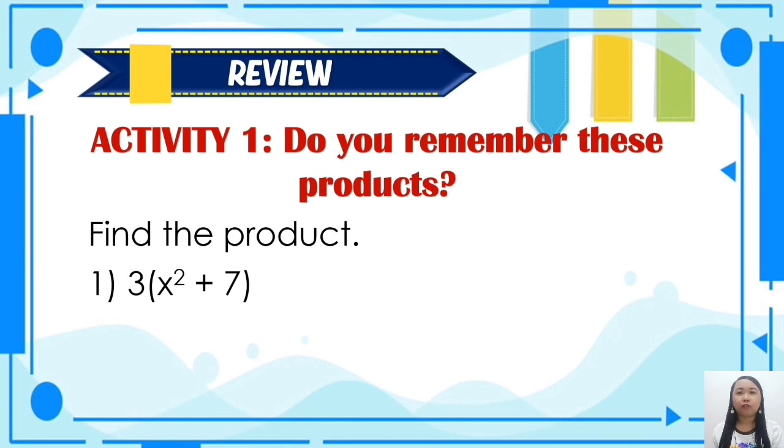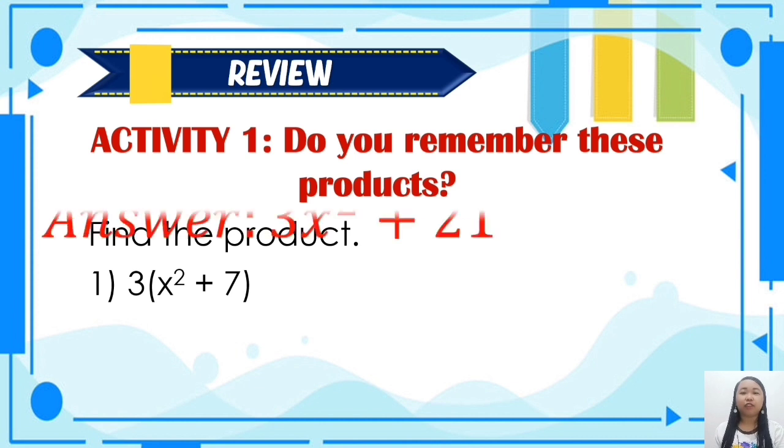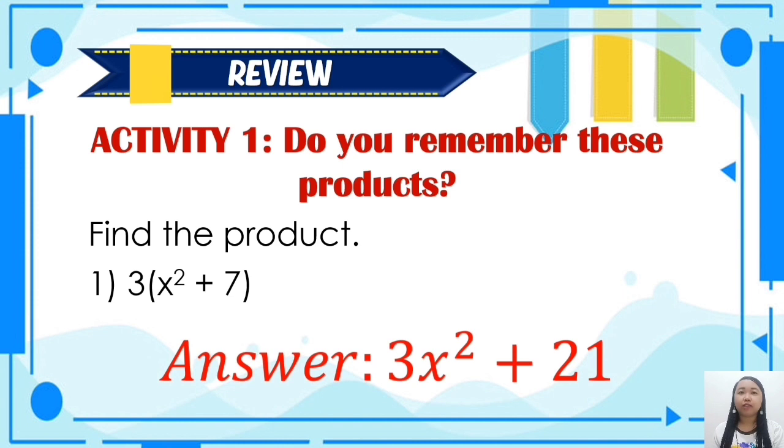So the title of our activity is, do you remember these products? Find the product. For number 1, 3 multiplied by the quantity of x squared plus 7. The answer is 3x squared plus 21.